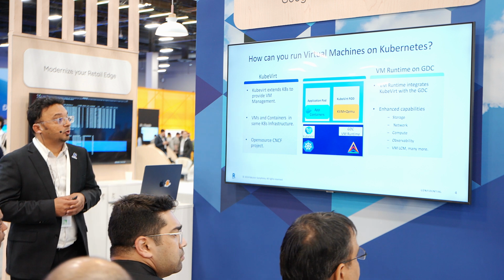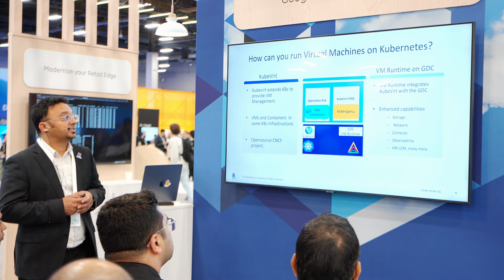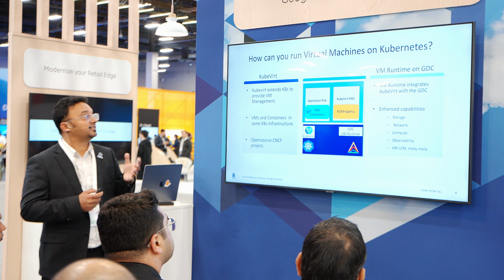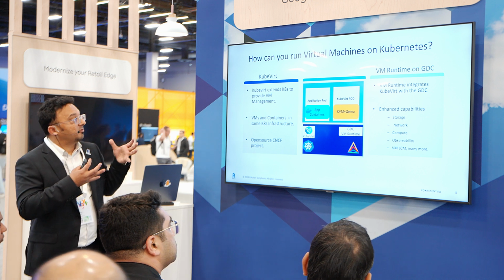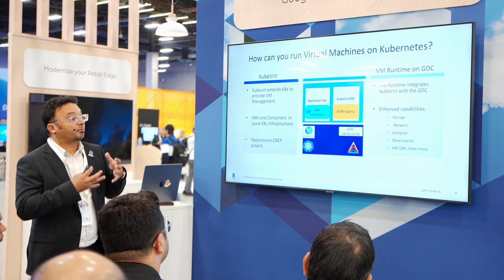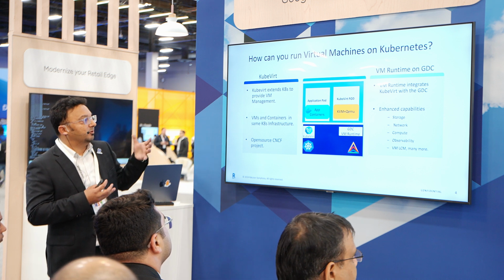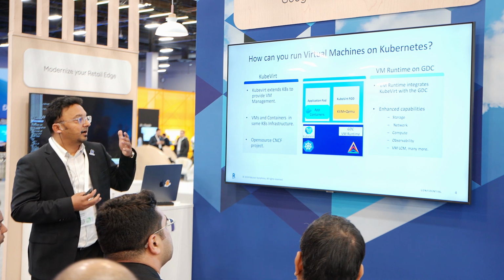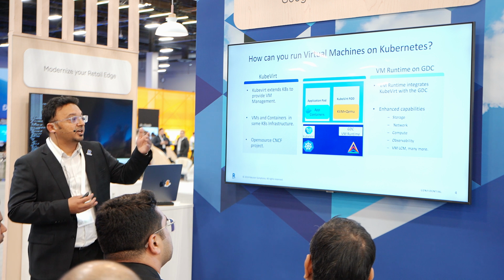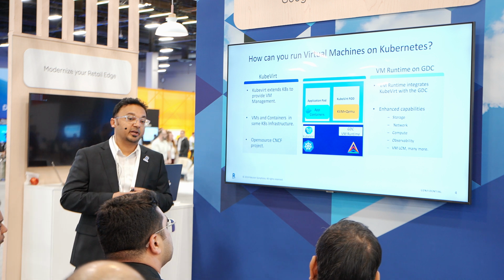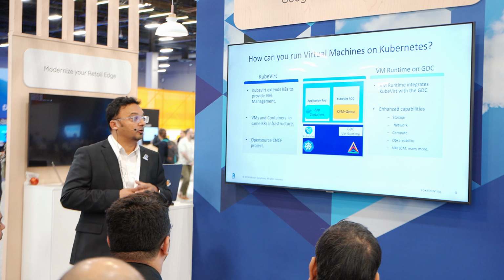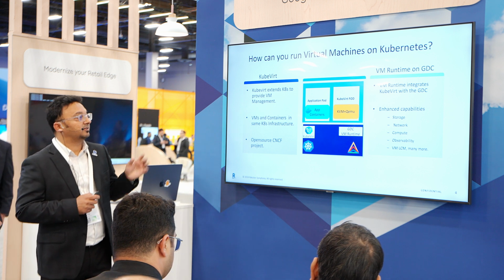And Google Distributed Cloud, GDC, builds on top of KubeVirt and extends, operationalizes and productionizes the VM capabilities. It enhances the capabilities in storage, network, compute, observability, security, and many more. And folks from Google at the booth could probably cover the things up.